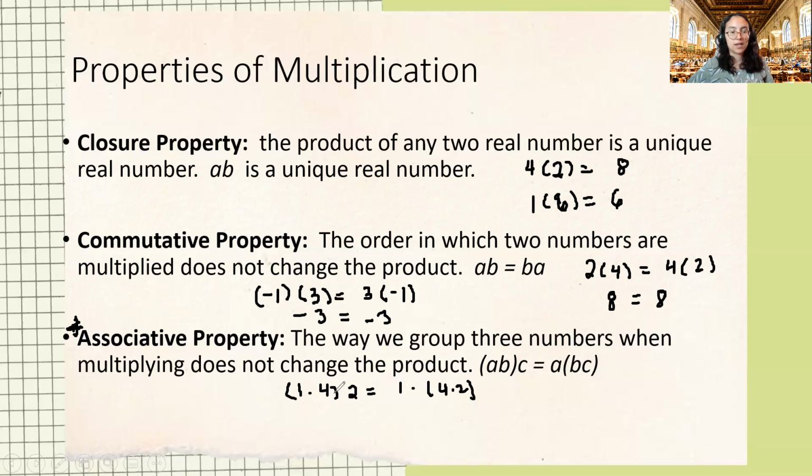On the left-hand side, I have 1 times 4, and that will give me 4. And I drop down the 2, that will give me 8. On the right-hand side, I have 4 times 2 here. That will give me 8. And then I multiply by 1, that will also give me 8. So as you can see, the way in which we group these three numbers does not change our final answer.